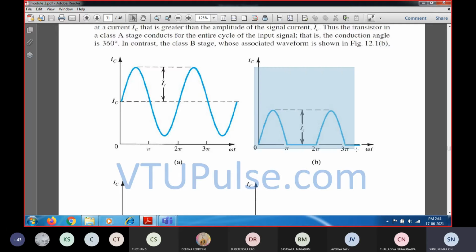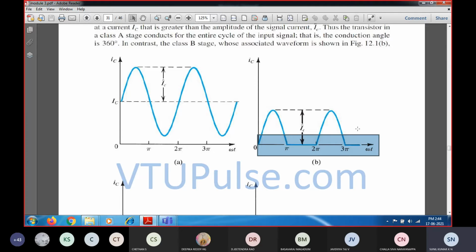And coming to the class B amplifier output, the Q point is located at the cutoff. Assume this is the waveform. This is current versus voltage, which is nothing but the output characteristics, VCE, the collector to emitter voltage on the x-axis and current on the y-axis.